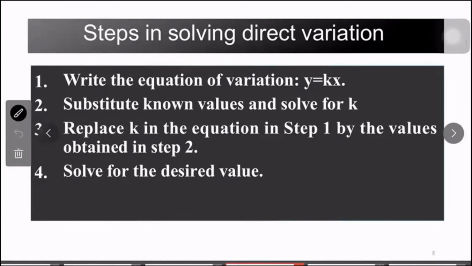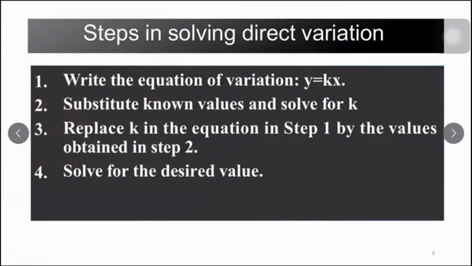In step number 1, write the equation of variation in terms of y is equivalent to kx. Step number 2, substitute the known values and solve for k. Step number 3, replace k in the equation in step number 1 by the value obtained in step number 2. Lastly, solve for the desired value.